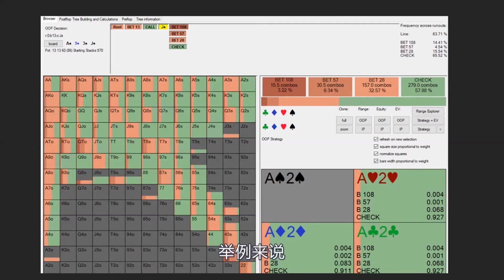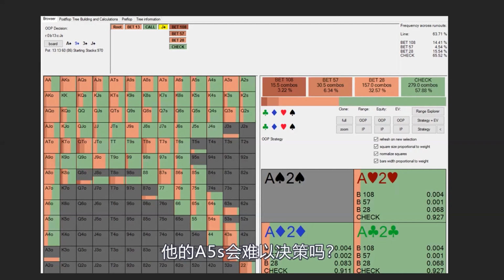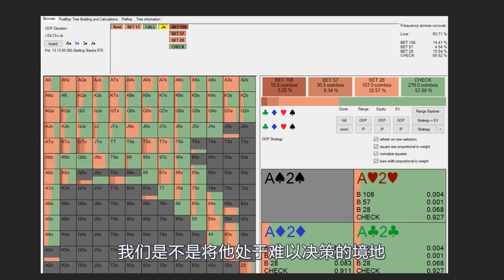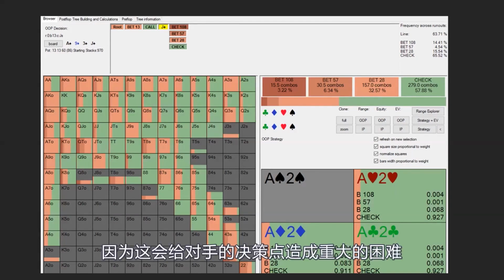For example here, if we bet 2x pot, do we put his ace-5 into a tough spot? No, he just has to fold, right? If we bet pot size, do we put his jack-10 in a tough spot? We don't. So whenever the sizing is on the smaller side, or there's a couple of sizings that you're not sure of, or it's mixing between, say, the 33 and the 50, always try to pick the smallest sizing, because he's going to be making the most mistakes versus that.